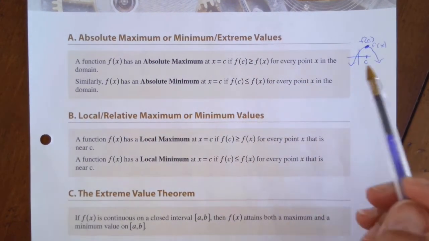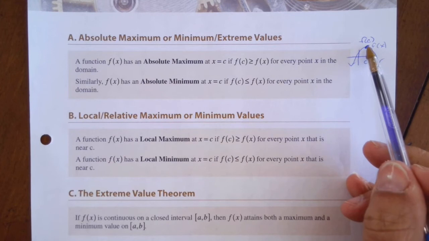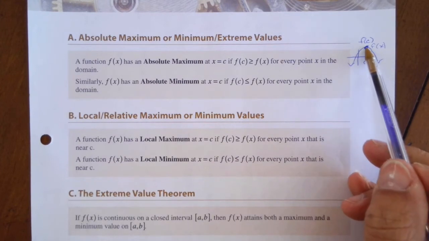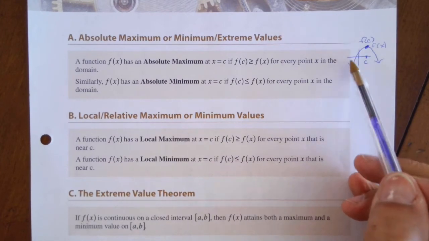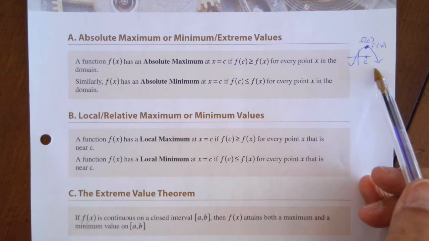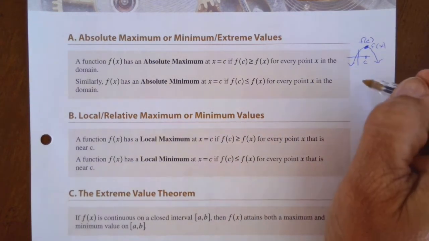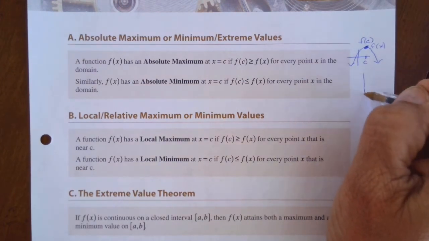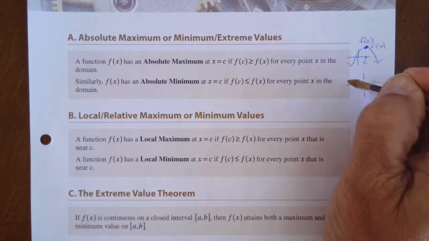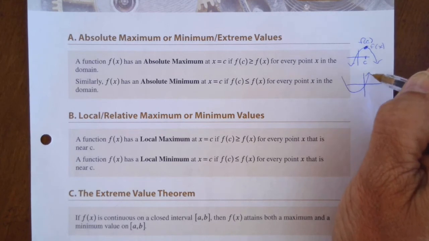So what this says is as long as we can show that f of c, the y value of this point, is the highest y value of any other point in the entire function, then that would be an absolute max. Same thing holds true if we had a parabola in the opposite direction. Maybe it did this.